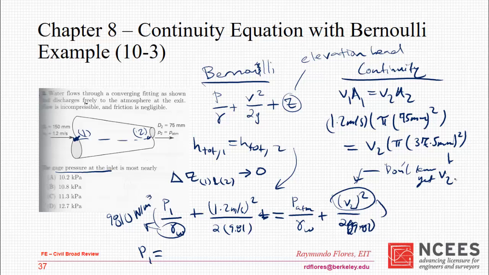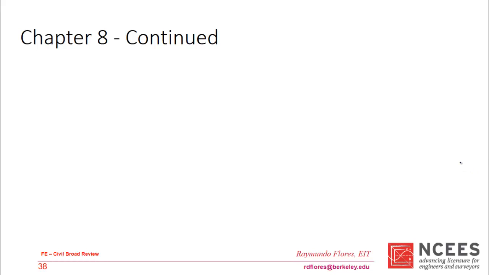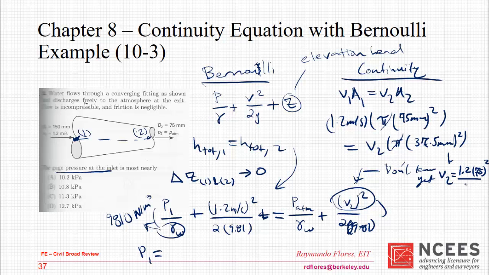So then that just gets us our V2. So that's V2 is equal to, the pi's cancel, and then we get 1.2 times 75 squared over 37.5 squared. And by the way, these do not need to be converted from millimeters because the millimeters cancel out.